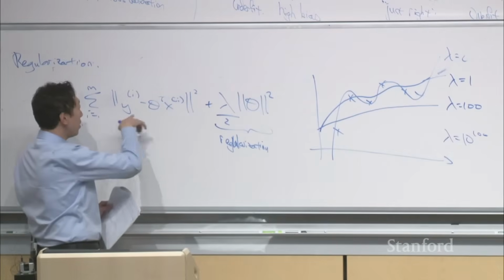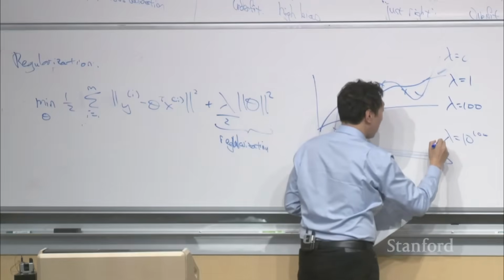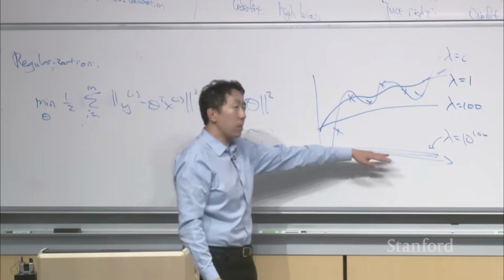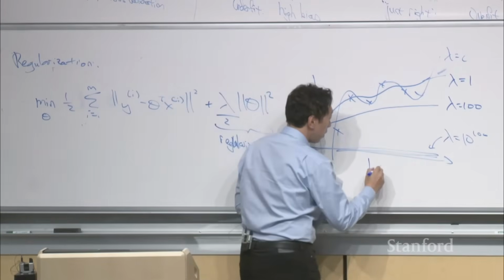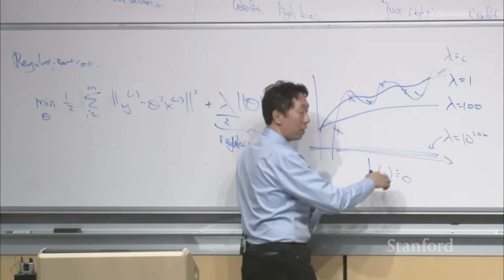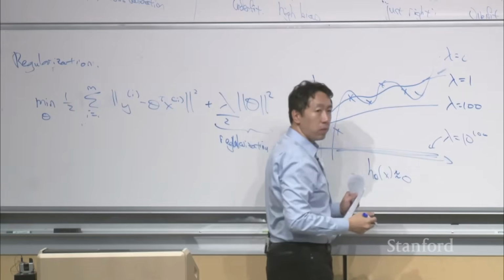If all the thetas are 0, then you're fitting this straight line, right? This function h of theta of x equals 0, approximately 0, is a very simple function, which you get if you set lambda to be very large.